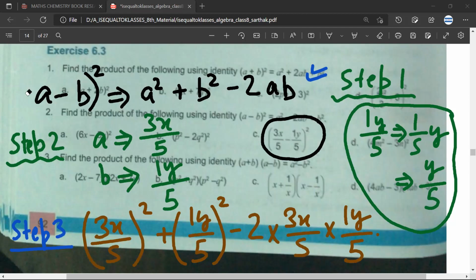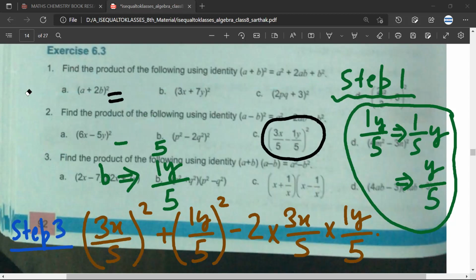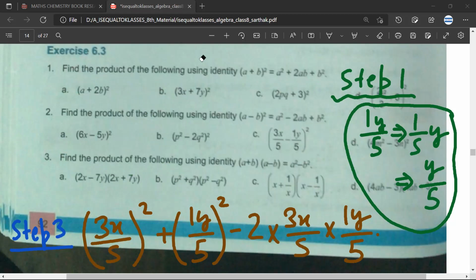Yeah. So once we have put the values, we just need to find the value of the brackets, and it is always preferable to write the values in brackets so that there is no mistake.